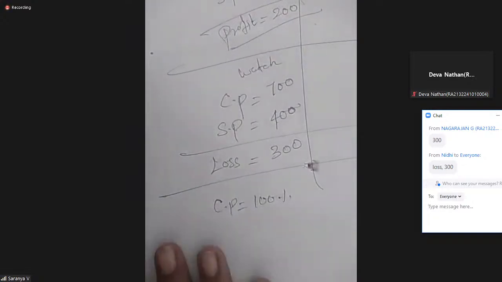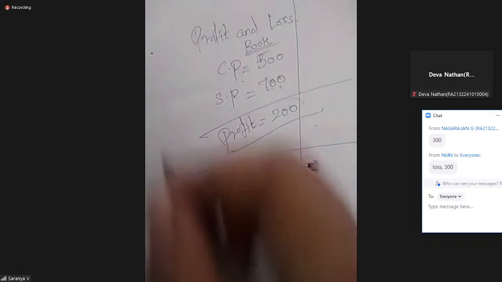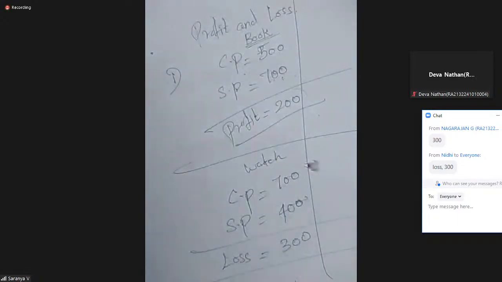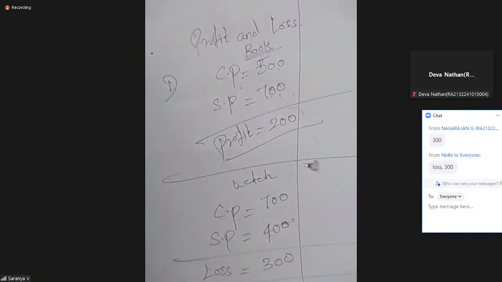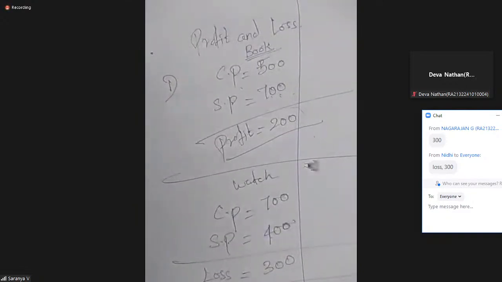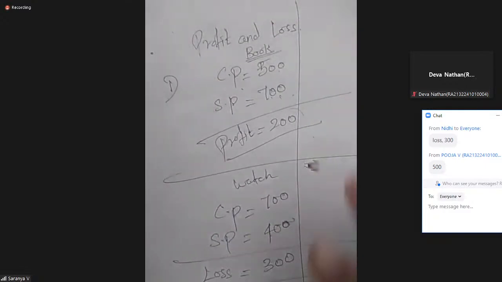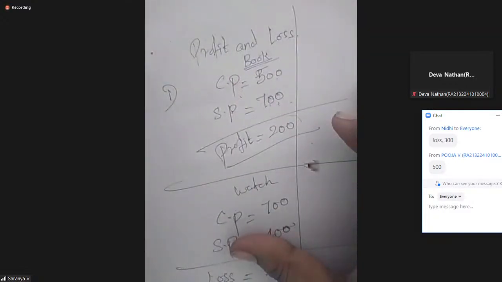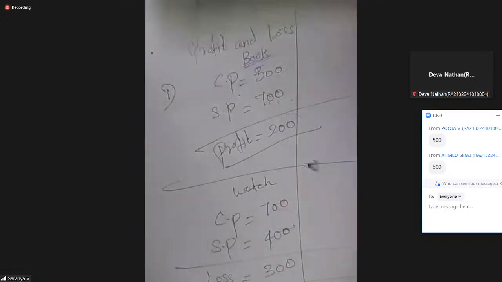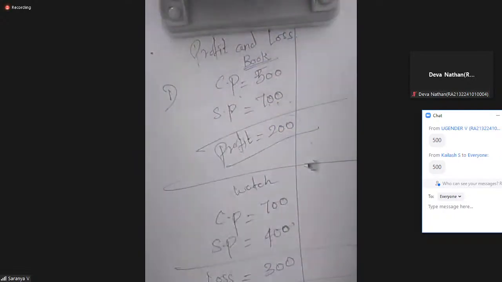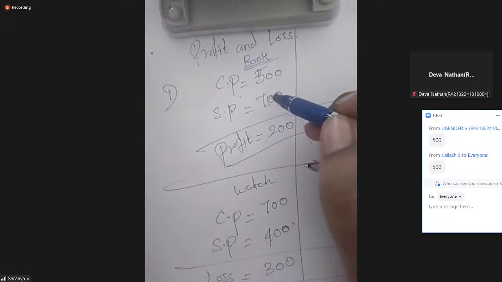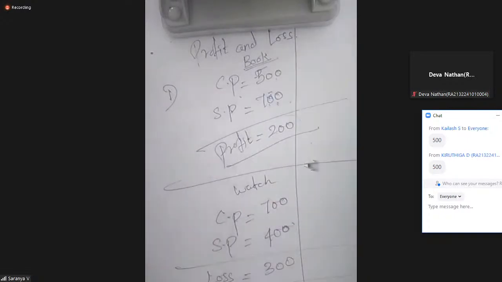Now we have two examples. Can you tell me, in the first example, what is the 100% amount? Yes, Pooja, right. Post your answers. It is the cost price.